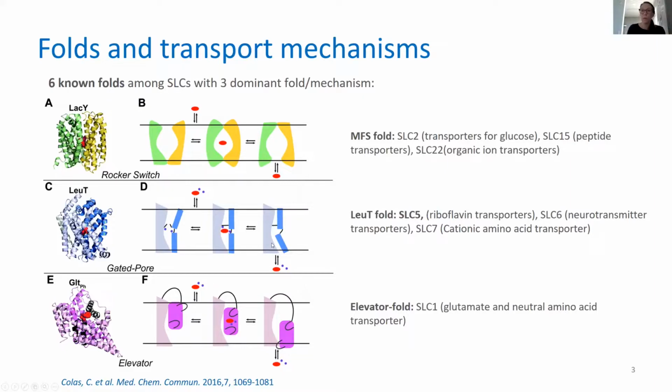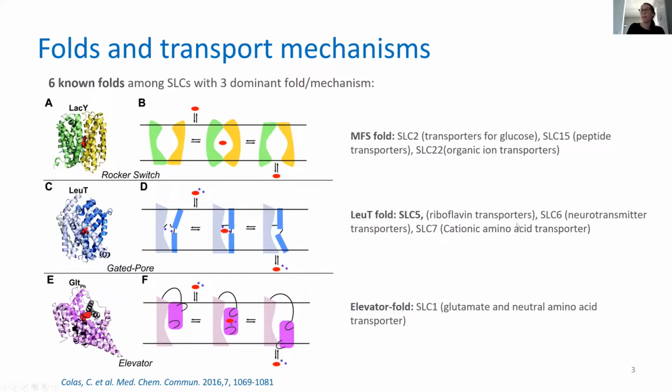The second fold, also the fold that I was most interested in during my PhD and also my postdoc work, is the so-called LeuT fold, named after a bacterial homologue that was already crystallized in the early 2000s. What's interesting about that fold, apart from the major conformational change, is that we also have so-called gating residues that help the substrate pass through the membrane.